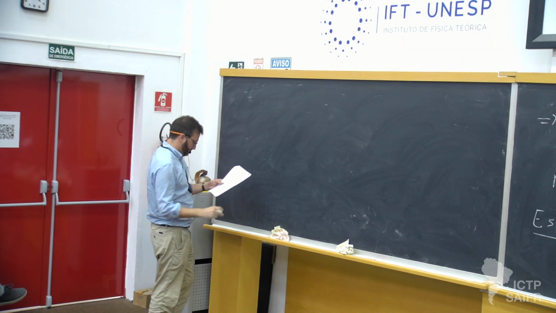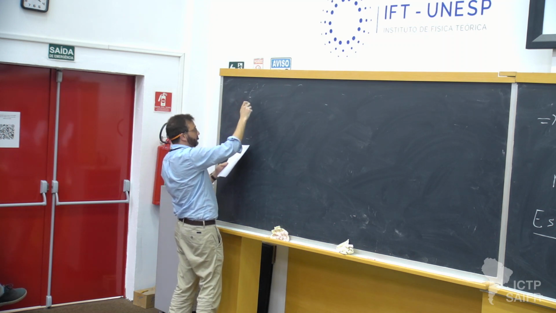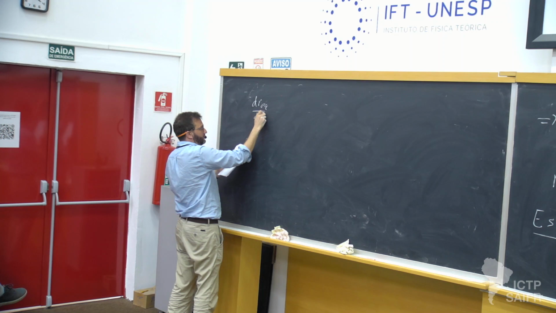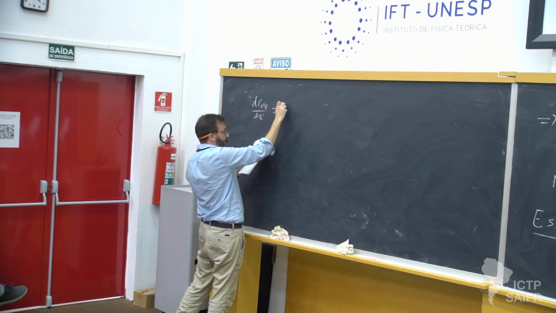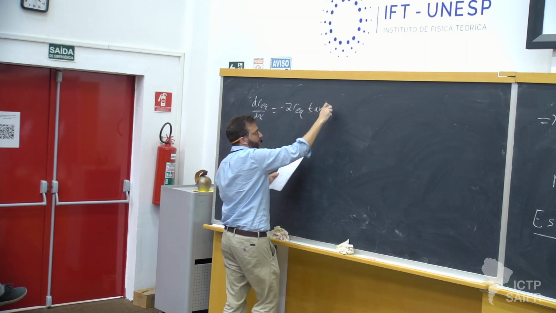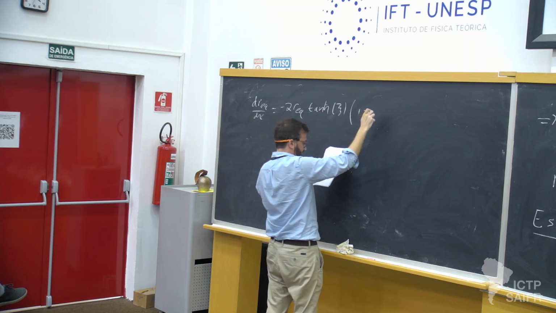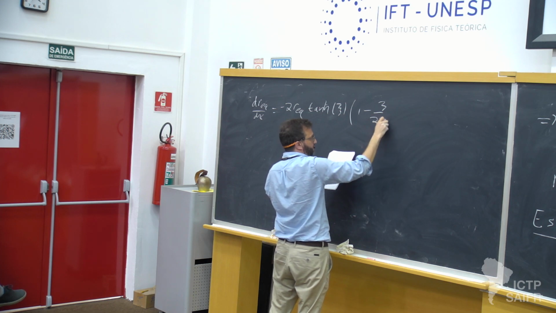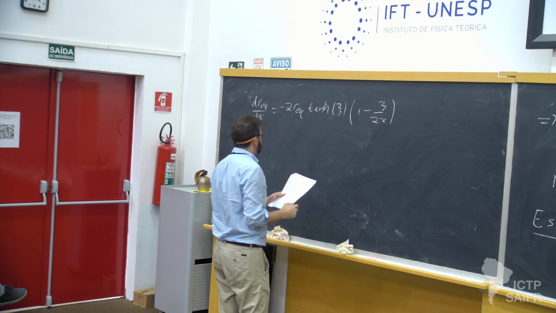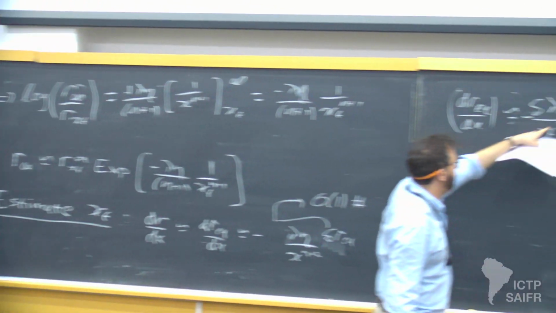So you should eventually find that dr equilibrium dx is simply negative 2r equilibrium hyperbolic tangent psi times 1 minus 3 on 2x. And our freeze-out condition then is that this is equal to this side here.